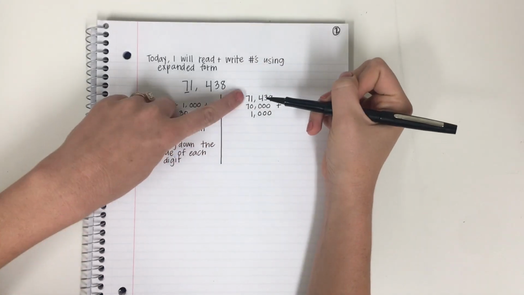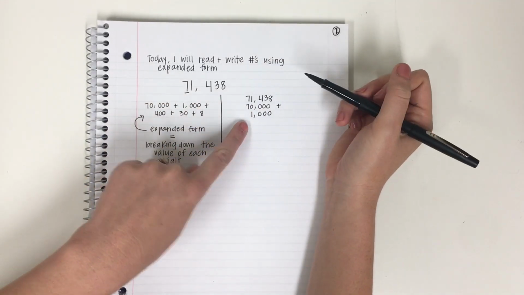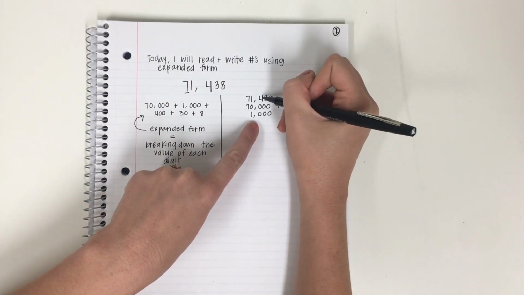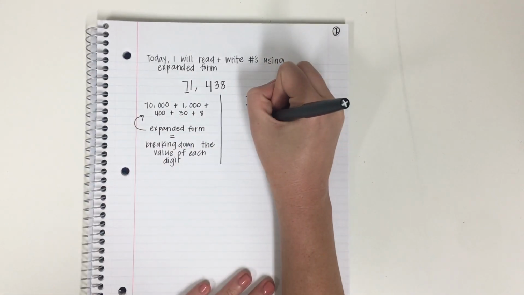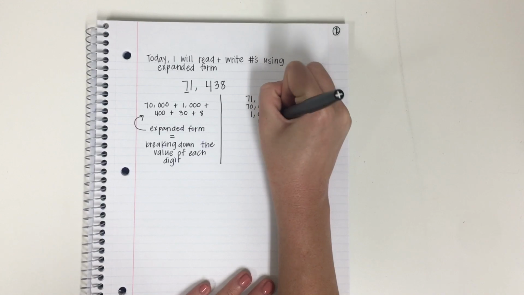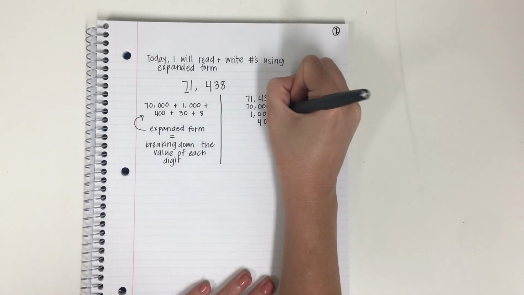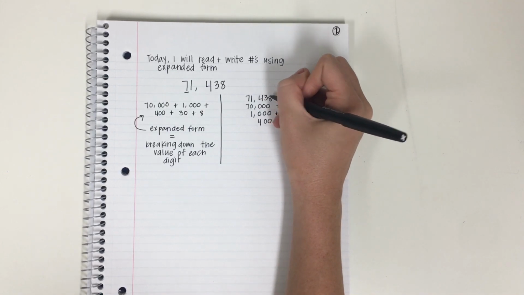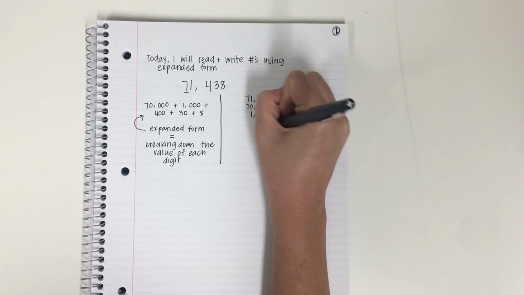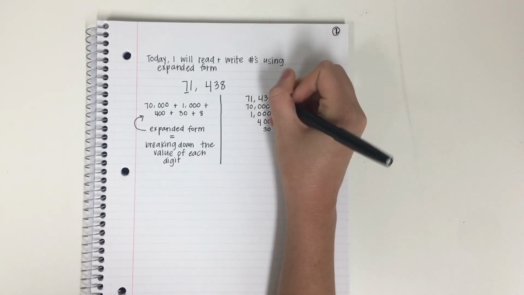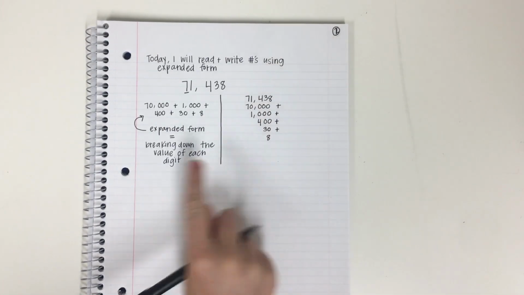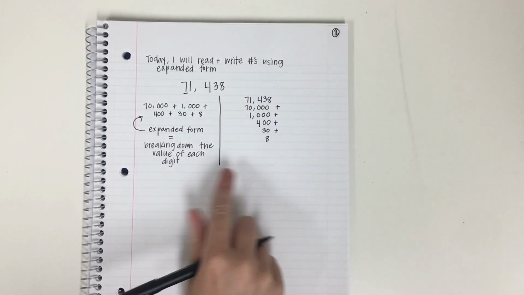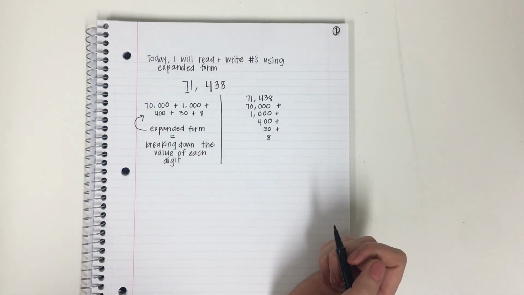See how I'm right under that value. Then 4, in the hundreds place, so it's 400. Oop, forgot my plus sign. Then 3 in the tens place, so it's 30 plus, and my final number is 8. So both are expanded form. You can write it however works for you.